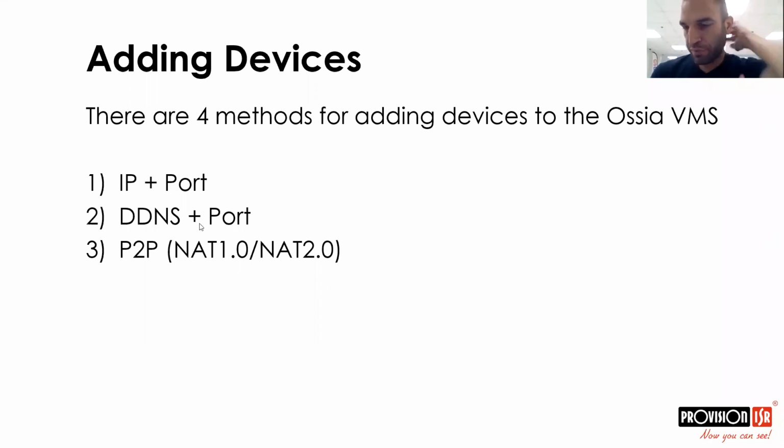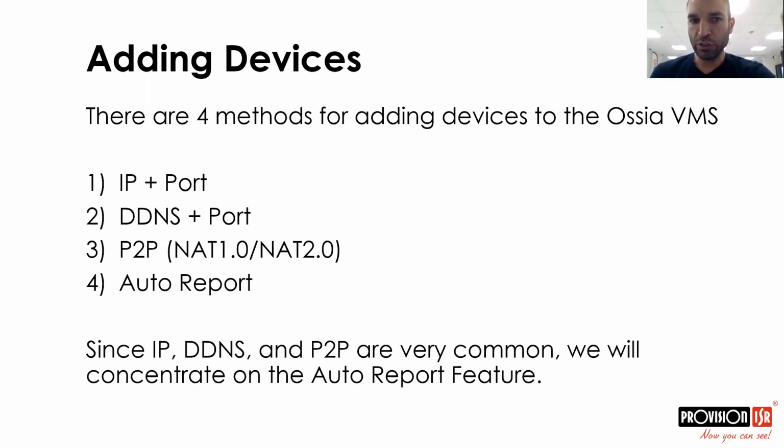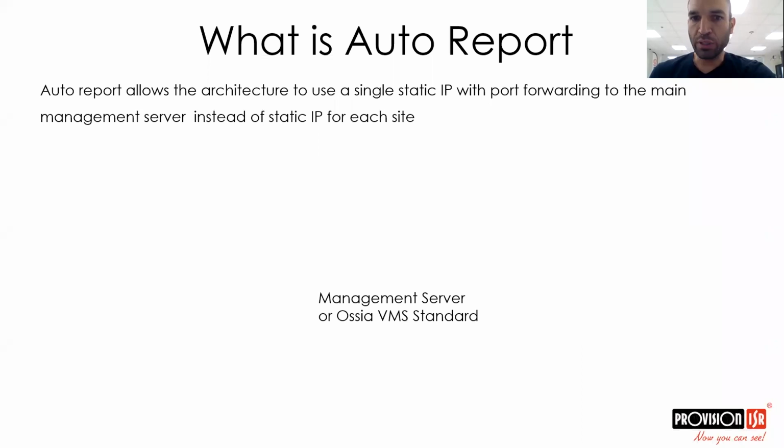I don't know if you're familiar with the auto report, but you're for sure familiar with IP, DDNS, and P2P. I want to touch on the auto report for a second, so everyone will understand why it's important and why we need it. So what is the auto report?